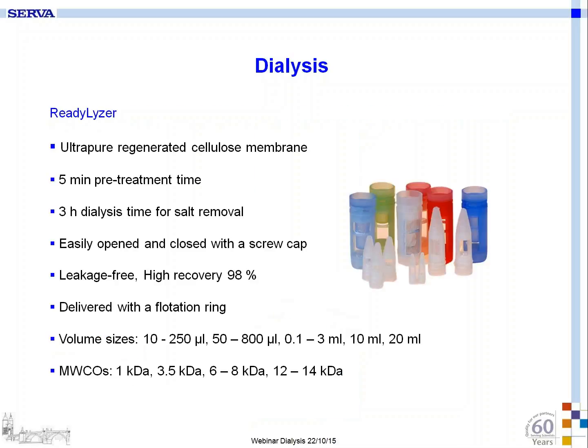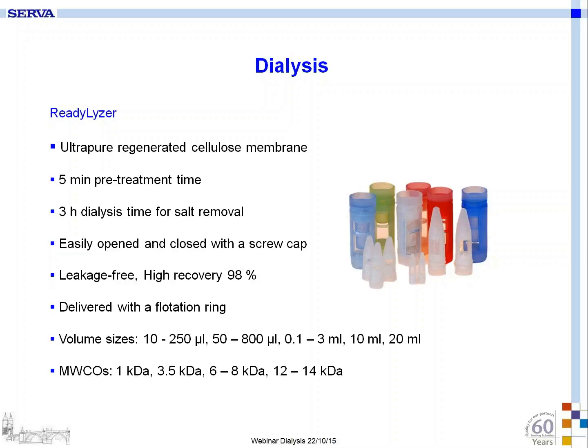The Dialyzer systems have ultra pure regenerated cellulose membrane pieces pre-installed in plastic vials of different sizes. The pre-treatment time is significantly reduced to 5 minutes, and for standard applications like salt removal, a 3-hour dialysis time is normally enough. You can easily open and close them with a screw cap.